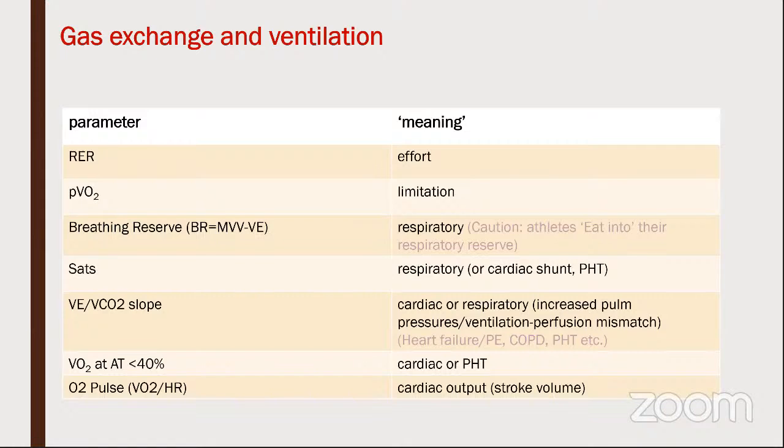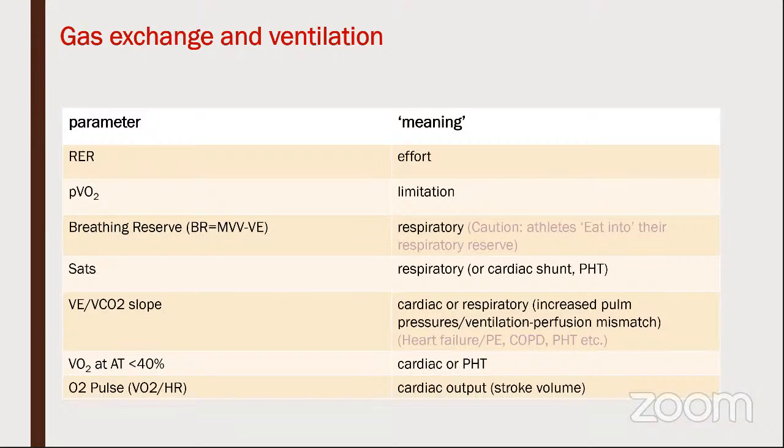I mentioned already the anaerobic threshold. Oxygen uptake at the anaerobic threshold being low implies that there is a problem in the cardiac system or there is pulmonary hypertension. And one last parameter which I think is quite useful to know is the so-called oxygen pulse.